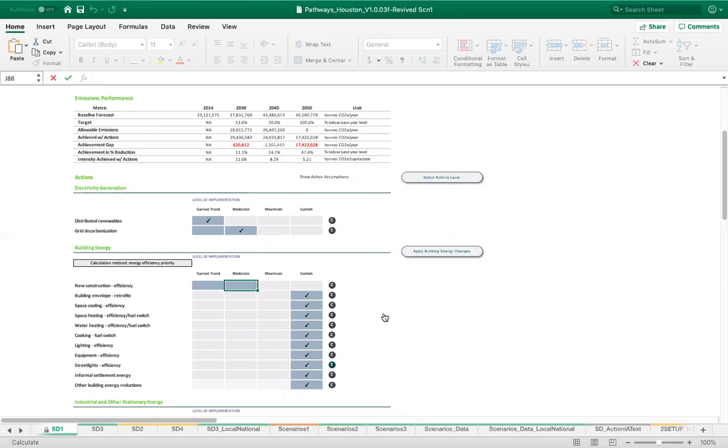This is, in essence, an approach to rapid prototyping that allows cities to really anticipate where the emissions are going. Yeah, I'm just waiting for the model to catch up.